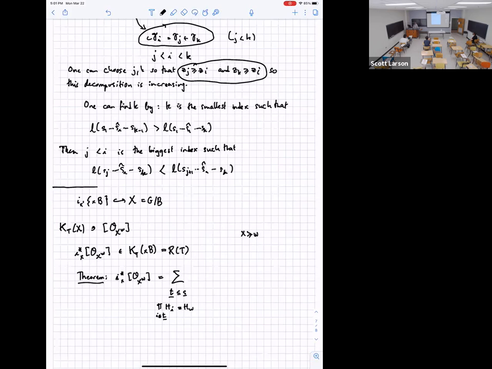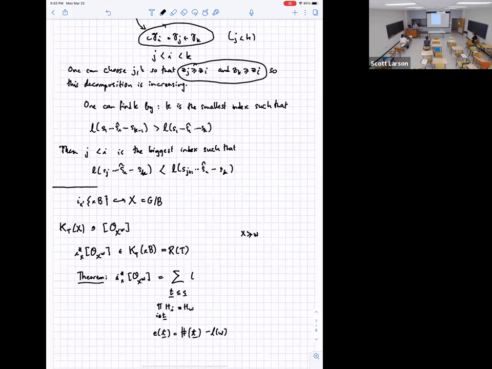Now, the product of h of i multiplying to h of w doesn't mean that t has as many elements as the length of w. T might have more elements. So I'm going to define the excess of this t to be the number of elements in the sequence t minus the length of w. It's kind of measuring how non-reduced it is.